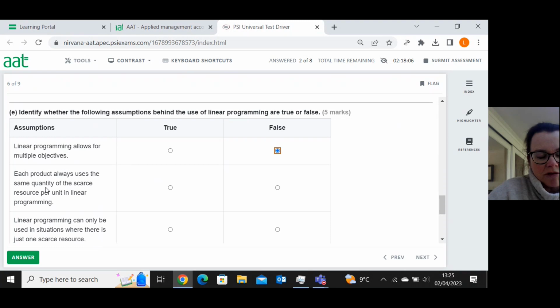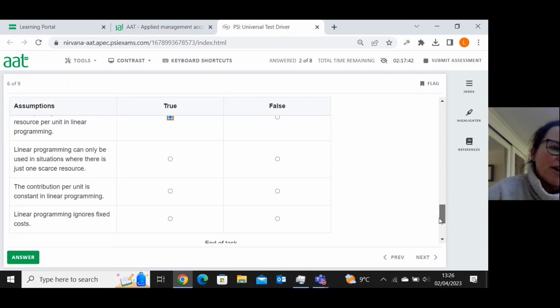Yes, because you're drawing straight lines basically and finding where they cross. When you're drawing a straight line, it's linear. It's called linear programming. So it means that there's no adjustment for bulk discounts or variations in the unit cost. So that one is going to be true.